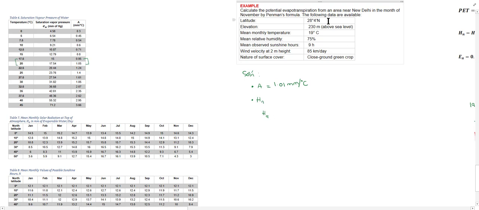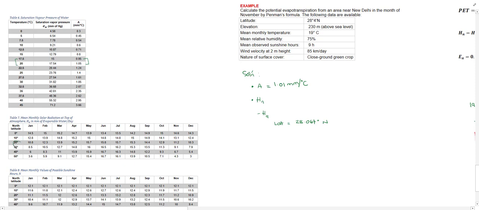So, ang atong latitude is naa sa 28 degrees 4 minutes north, or that is equivalent to 28.067 degrees north.